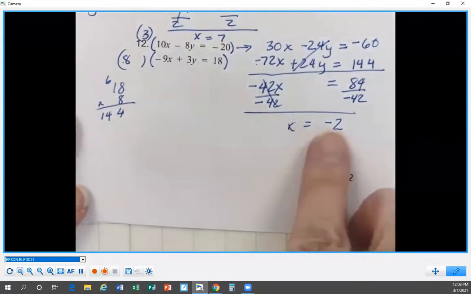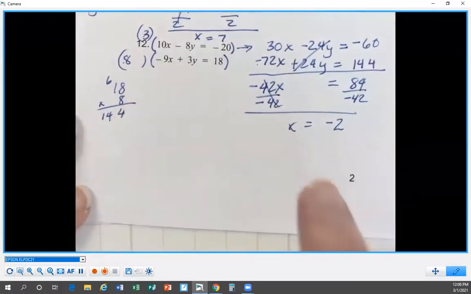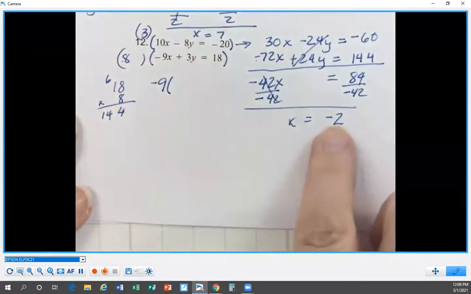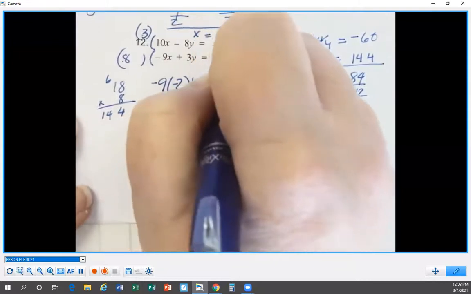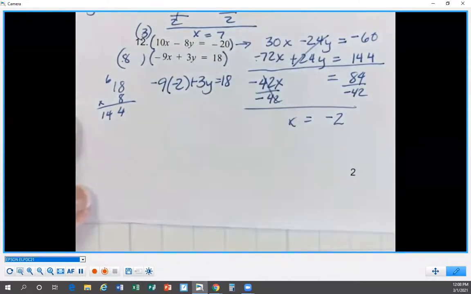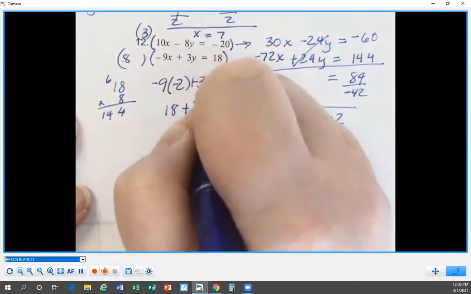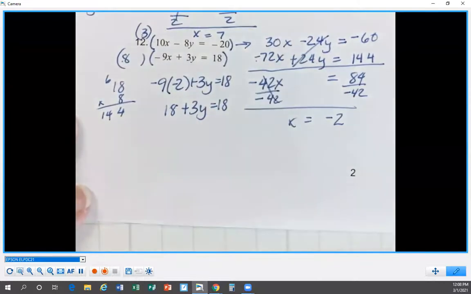We can plug that into either one of the original equations. I'll choose that bottom one. So negative 9, excuse me, times x will be negative 9 times negative 2 plus 3y equals 18. Negative 9 times negative 2 is 18. Bring down the plus 3y equals 18.